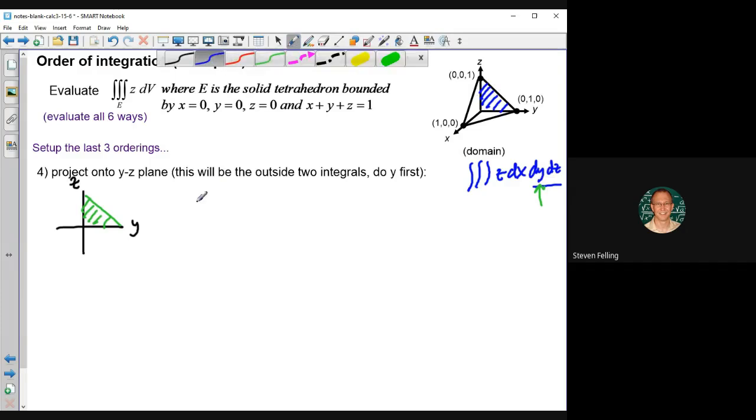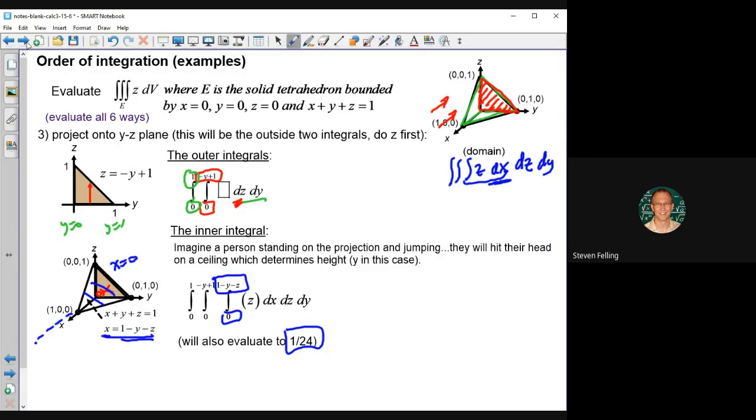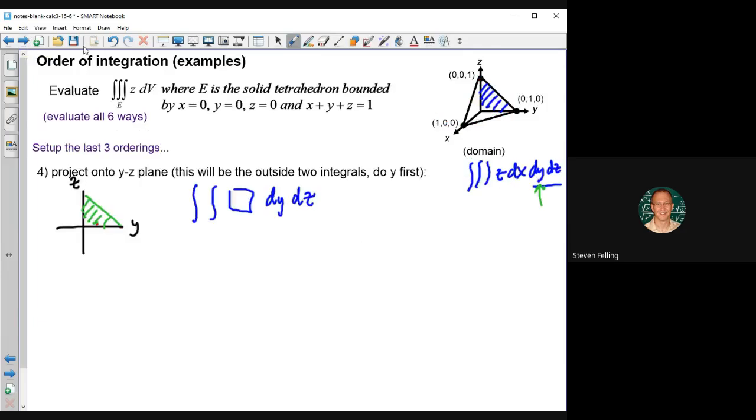So when I'm building my integral, I've got something in the middle, but then y first, then z. We did z first last time. This time we're doing y first, which means we're moving in the y direction first.